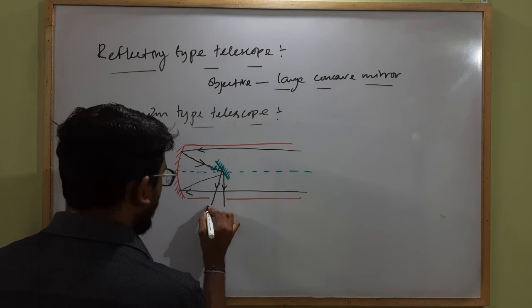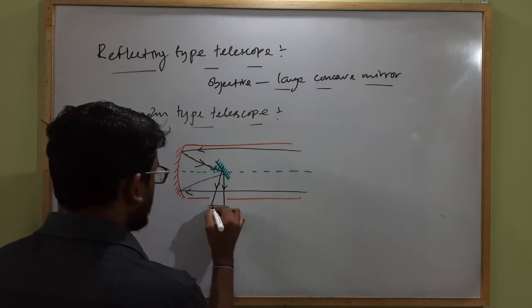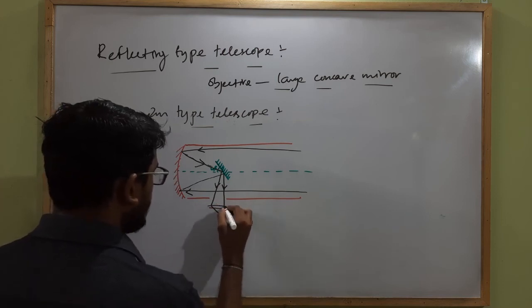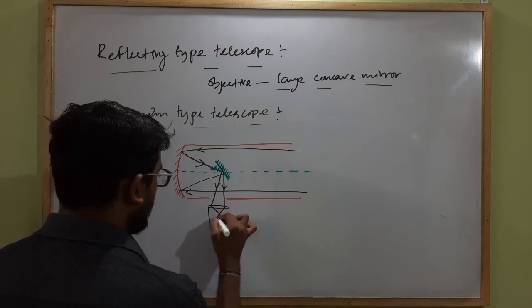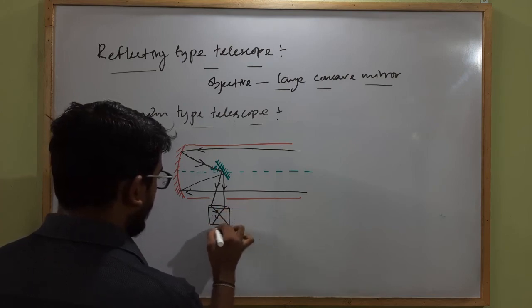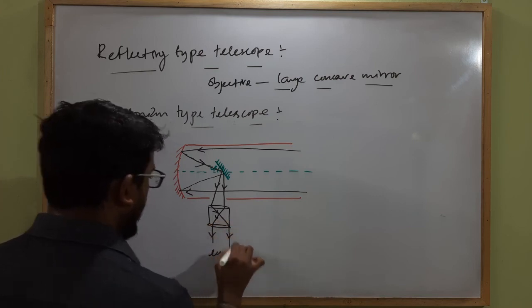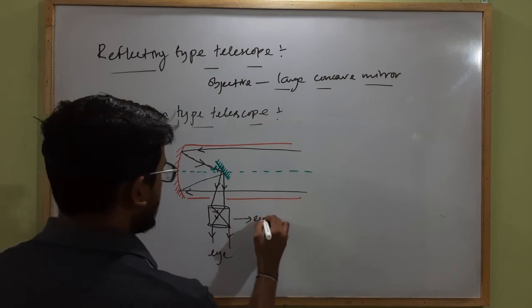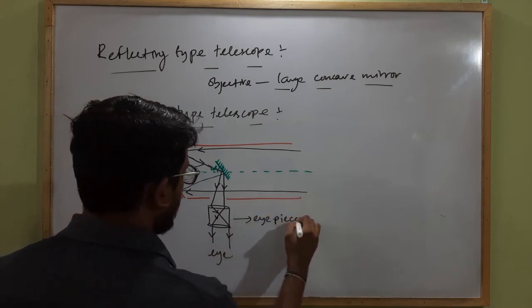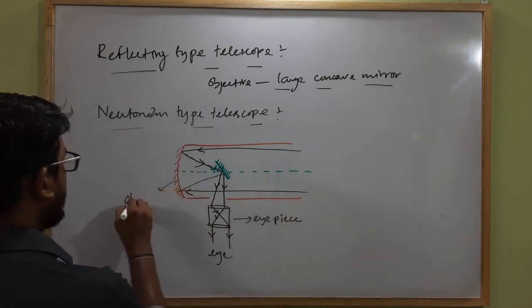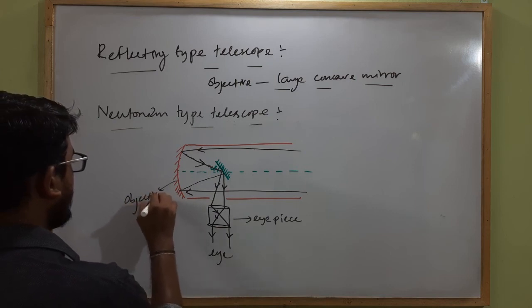And here is a small opening through which an eyepiece is connected. Finally the rays reach the eye. So this is known as the eyepiece and this is known as the objective.